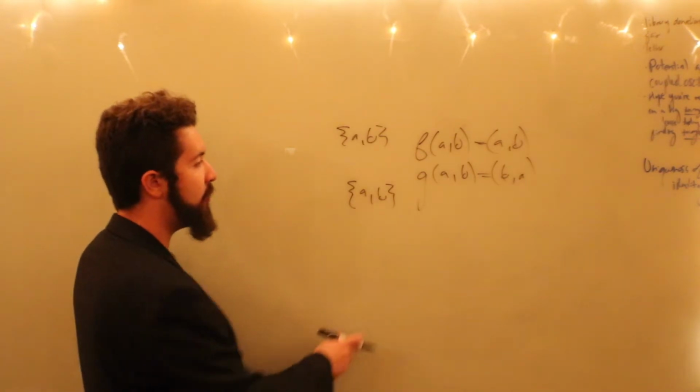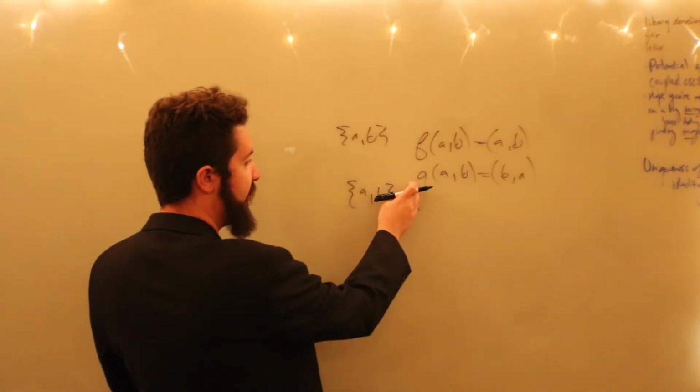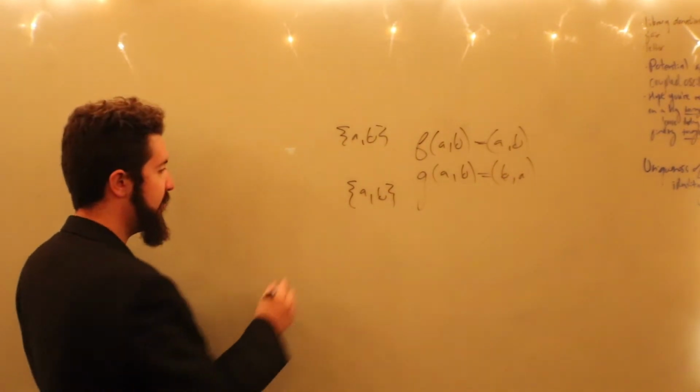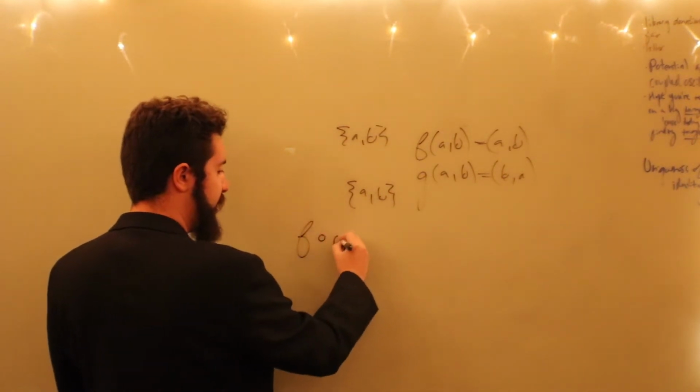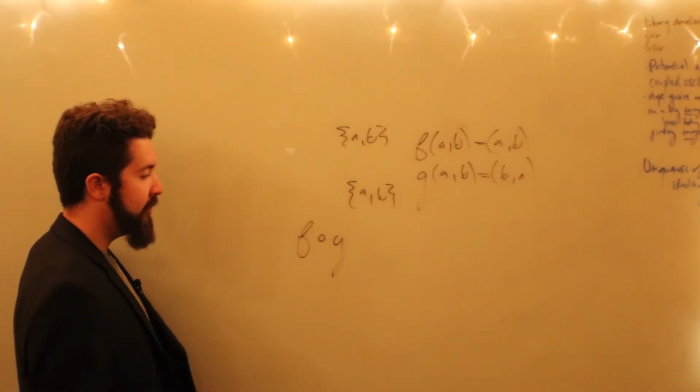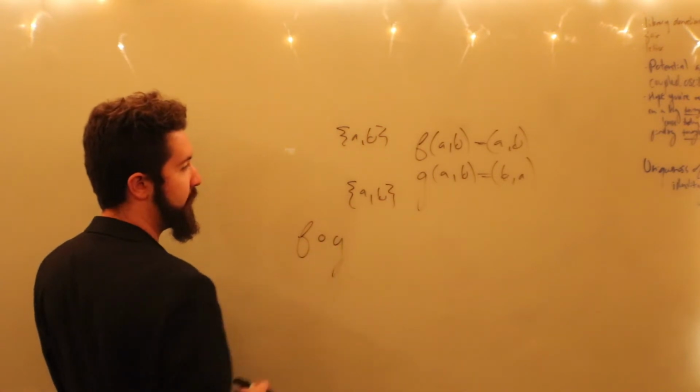All right, so now what we'll notice is that these two mappings can be considered elements, and then we can use function composition as our binary operation. So what is F composed with G?